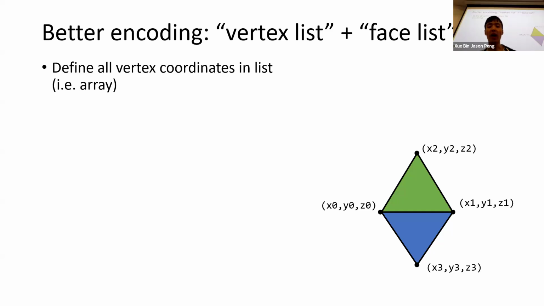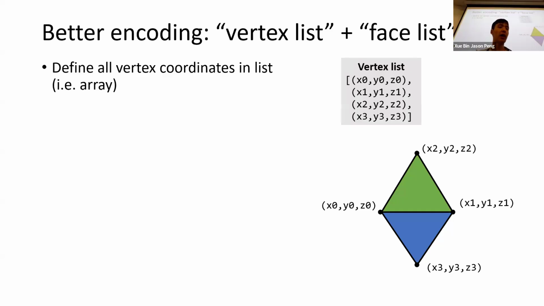So first, we're going to have a big list that stores the vertices in our mesh. So this is just one big list that stores every single vertex contained in the mesh only once. And you can think of this vertex list as just the point cloud data structure that we started with in the previous lecture.